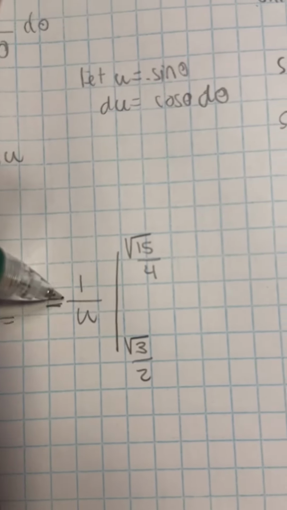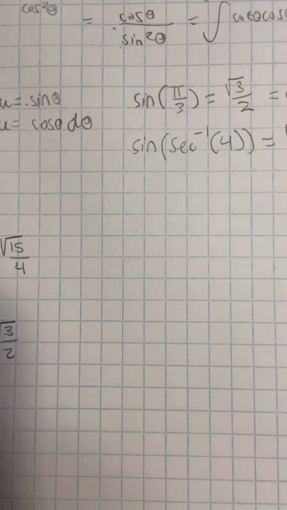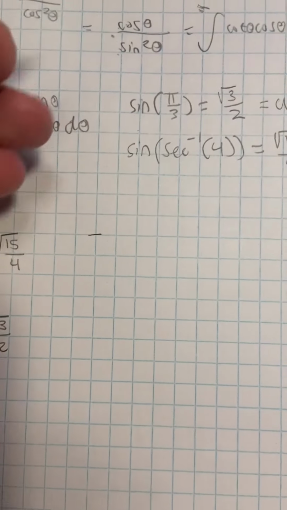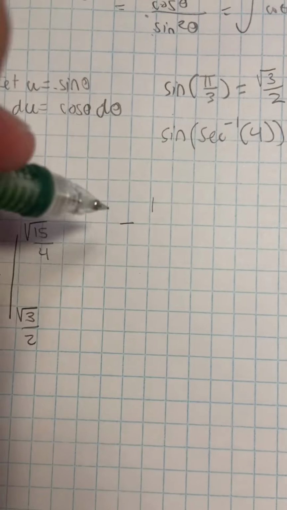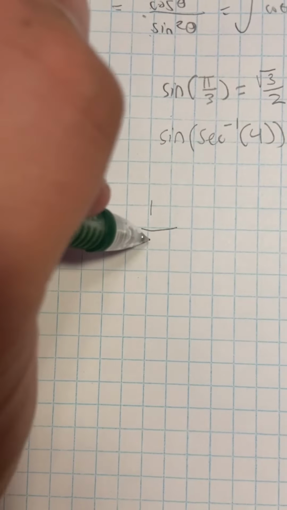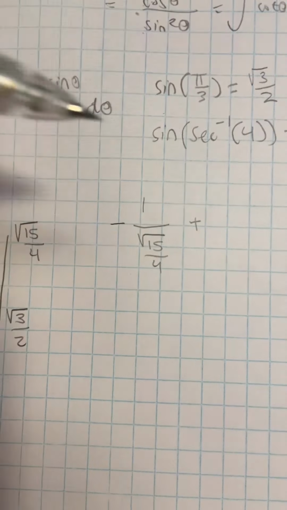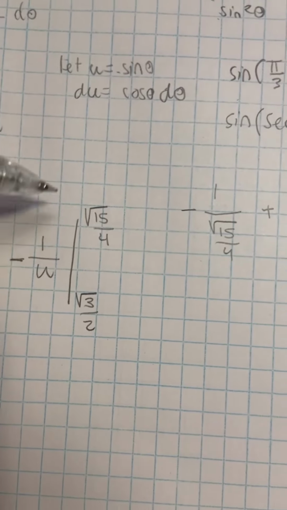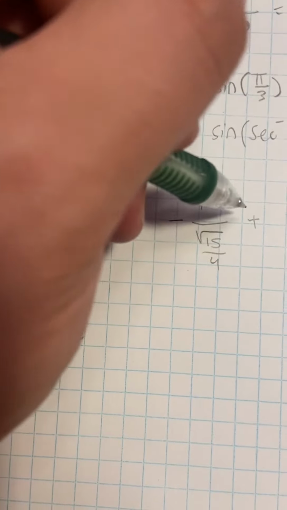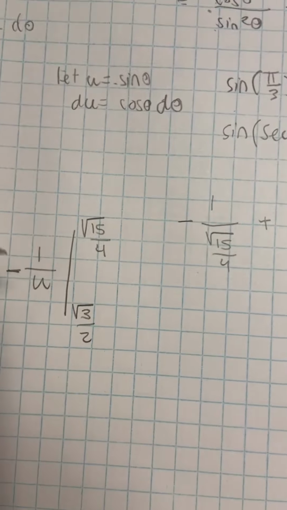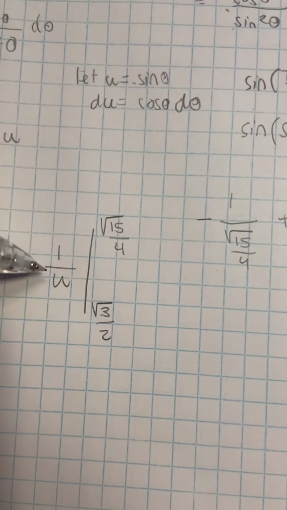So now we just need to solve this and plug these values in. So we're going to have negative 1 divided by the square root of 15 over 4, plus, right, because it's negative 1, and this is normally a minus, so minus a negative equals a positive, equals adding.